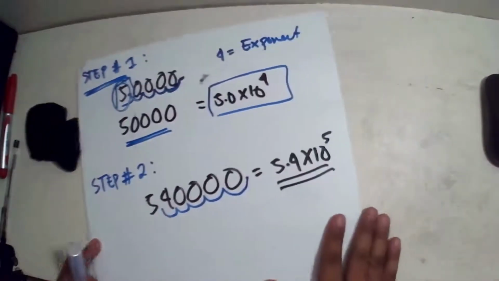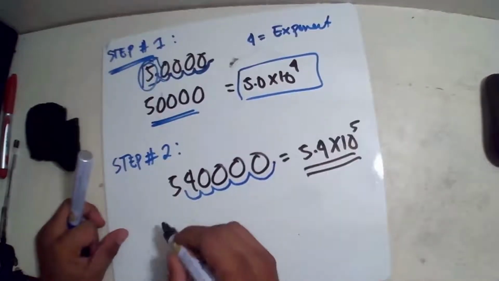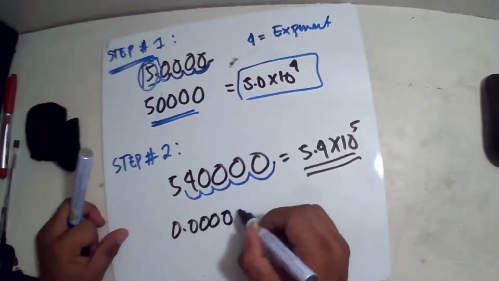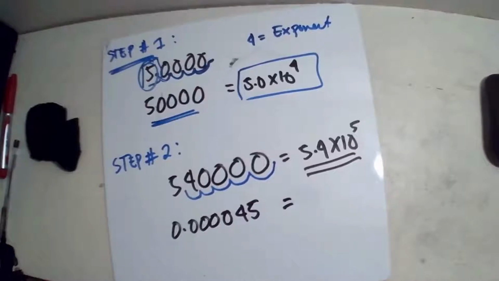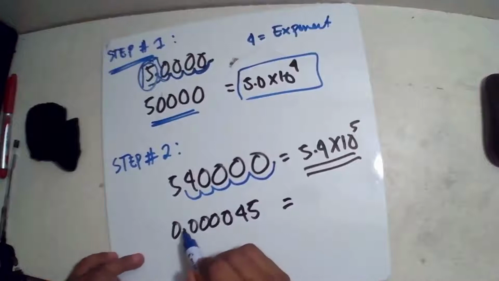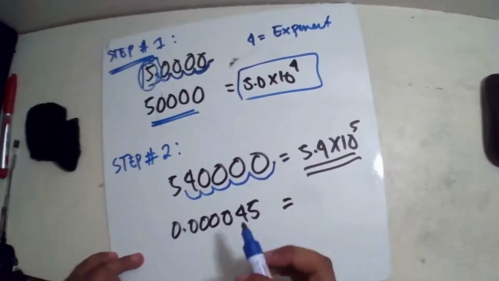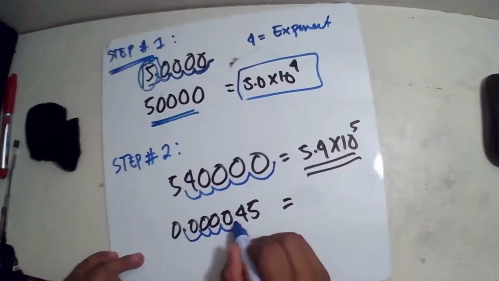Another example is, if we have here, that's positive 5. If we have here 0.1, 2, 3, 4, 4, 5. So the decimal point is located here. Again, same rule. We will transfer the decimal point right after the first non-zero digit. So from this one, 1, 2, 3, 4, 5.